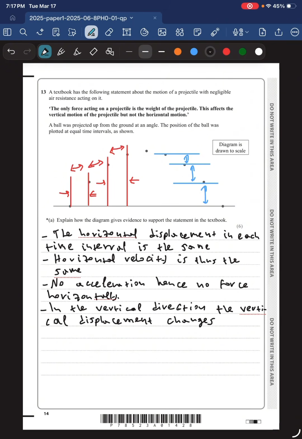Okay, let's write that. Actually, in the beginning of the motion, the vertical displacement decreases, and then as it goes down, it increases, okay? But it changes, okay?